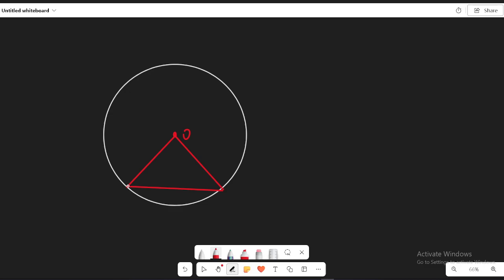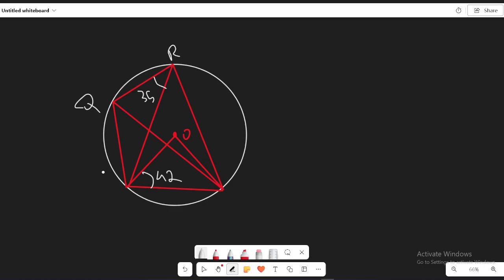There is a line going on the top, and a line going like there, a line going like this, and a line going like this. The labeled angles given are, in this angle, 35, and this angle, 42. This is R, this is Q, this is P, this is S.